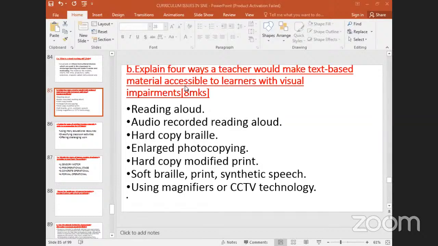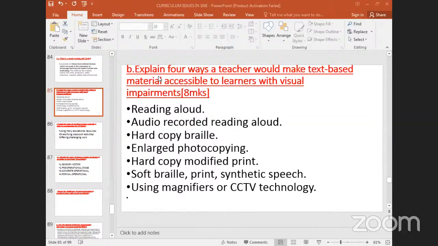The teacher can also audio record the reading aloud, so that it is used again at a later time for these learners with visual impairments.